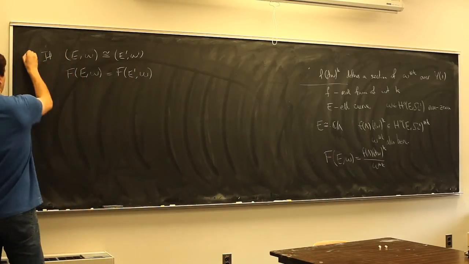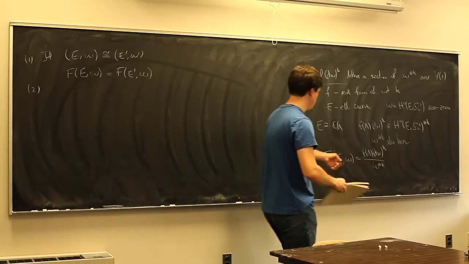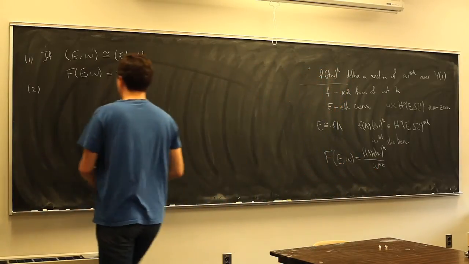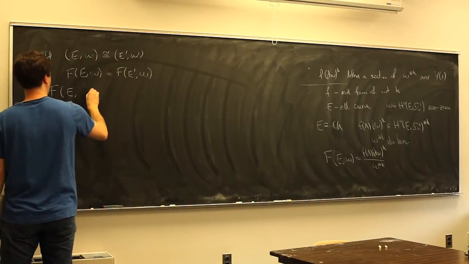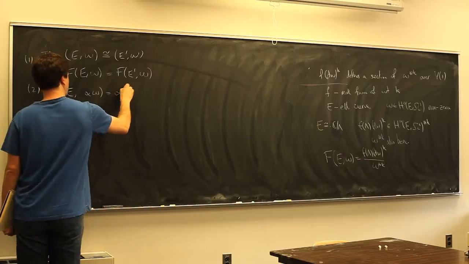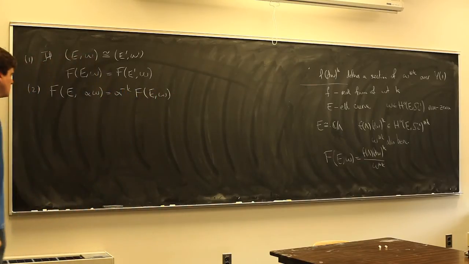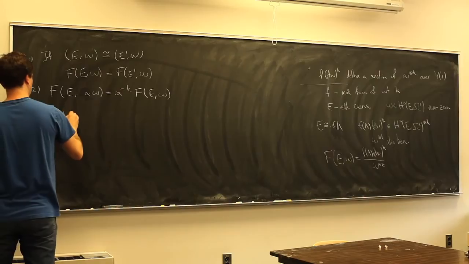And the second, so this is property one, and property two is if you scale omega, then it's just going to pull out that scalar in a natural way. So F of E, alpha times omega is alpha to the minus k times F of E, omega. And then there's also some holomorphicness condition, which I'm not going to go into.